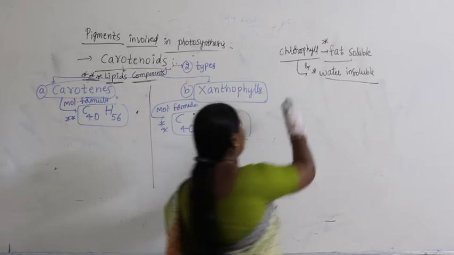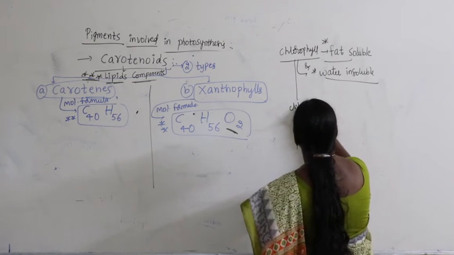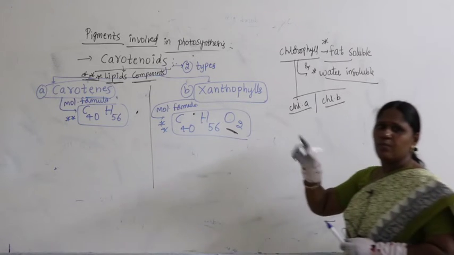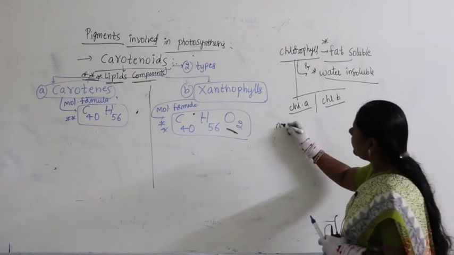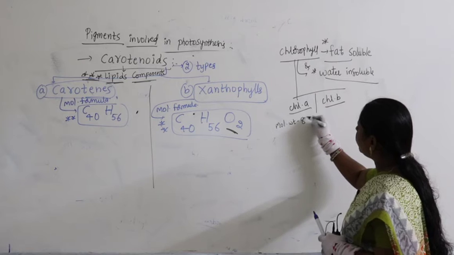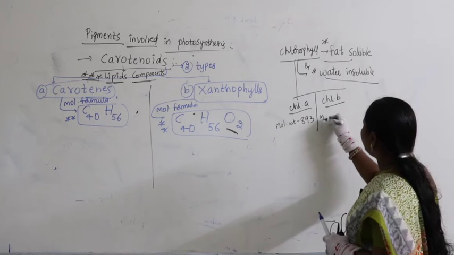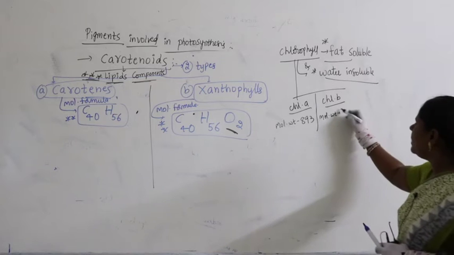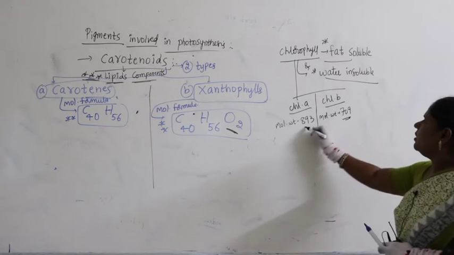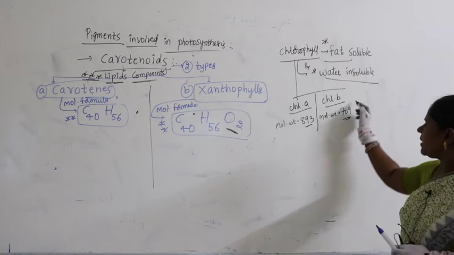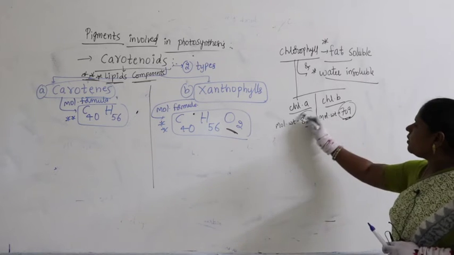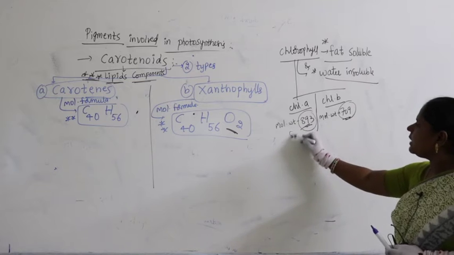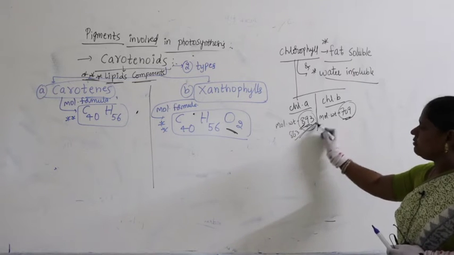Similarly, I think I told you, when you take chlorophyll A and chlorophyll B, the molecular weight for chlorophyll A is 893 and for chlorophyll B it will be 709. Chlorophyll A is 863 to 893.